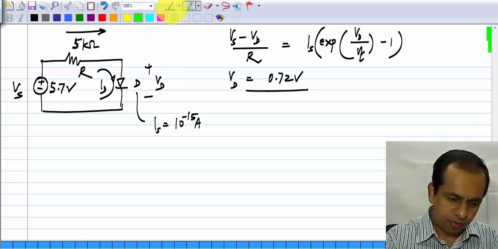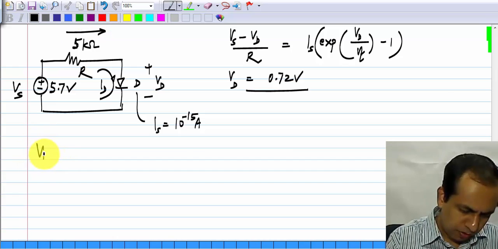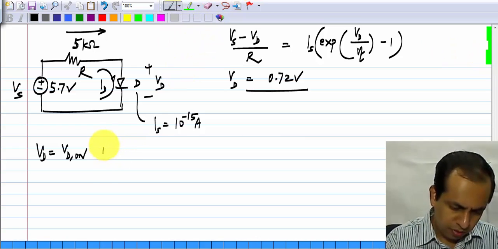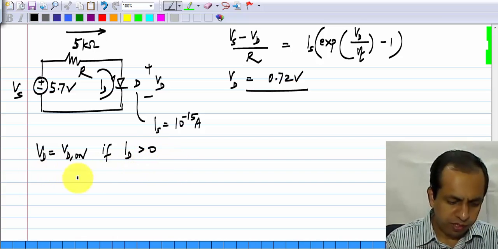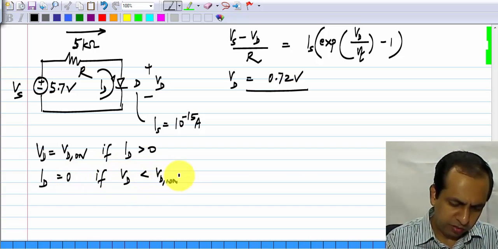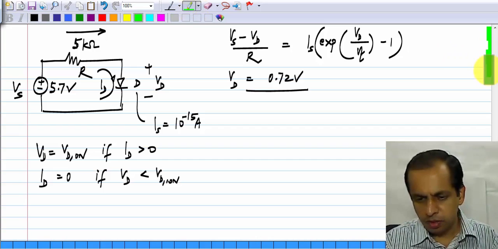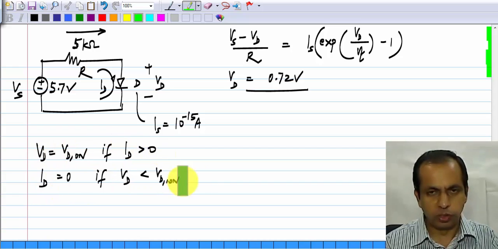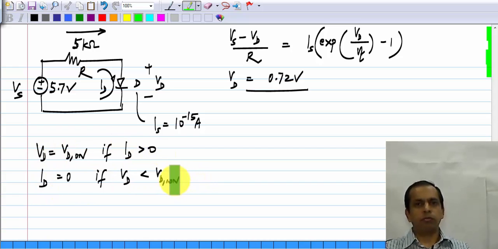Of course, Vd equals Vd on if Id is greater than 0, and Id equals 0 if Vd is smaller than Vd on. Now, because the characteristic is given as this conditional, there are two possibilities. You have to evaluate both. And this is the general principle.